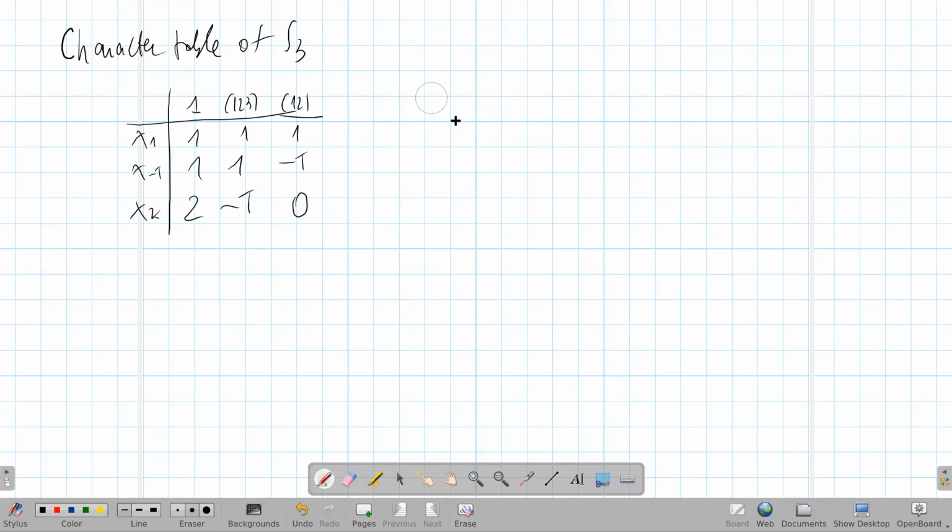So what we found, so if rho affords chi2, recall that this means that chi2 of g is the trace of rho of g. This is the character of this representation.